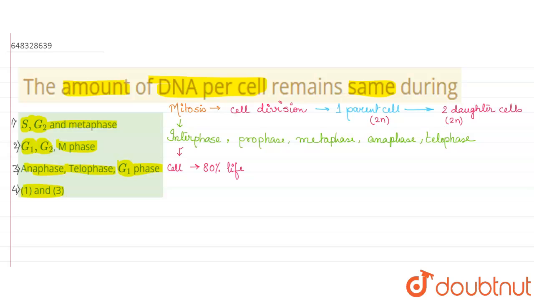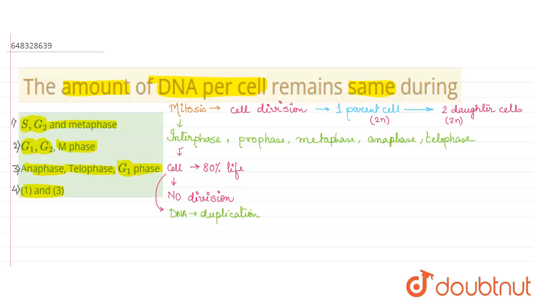The cell undergoes no division in this phase, but everything keeps on doubling. The DNA of the cell duplicates in this phase, and everything gets duplicated in this cell. Now the question is in which phase it remains constant. So in this phase it does not remain constant.